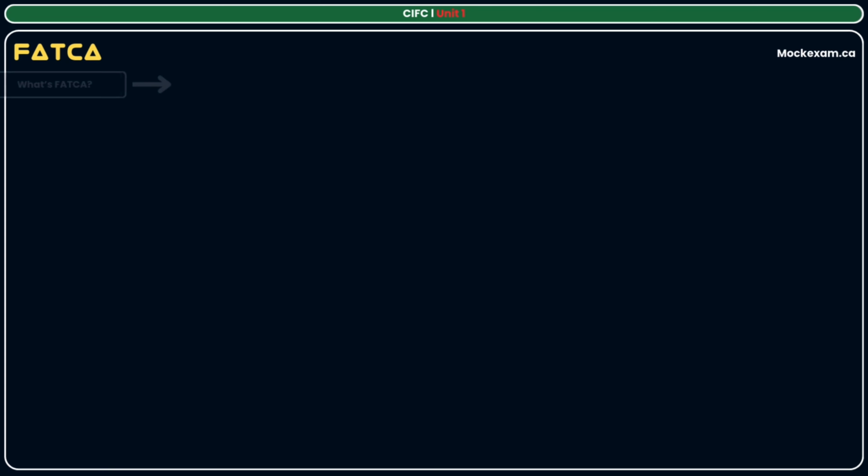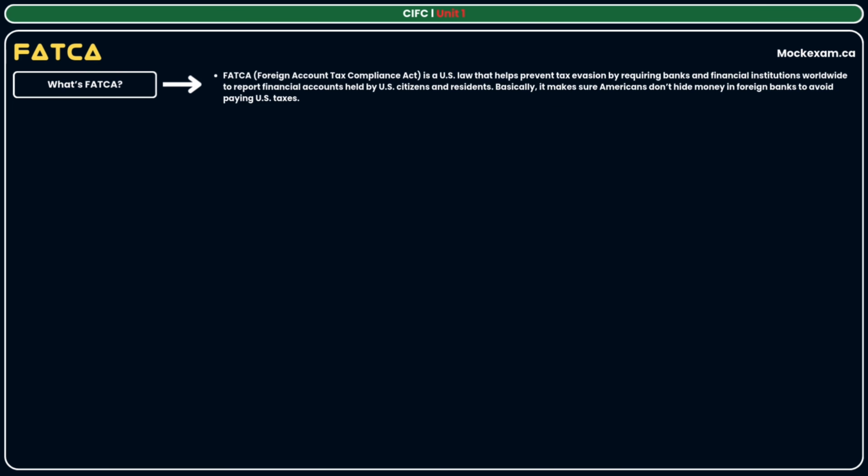FATCA. What's FATCA? The Foreign Account Tax Compliance Act is a US law that helps prevent tax evasion by requiring banks and financial institutions worldwide to report financial accounts held by US citizens and residents.